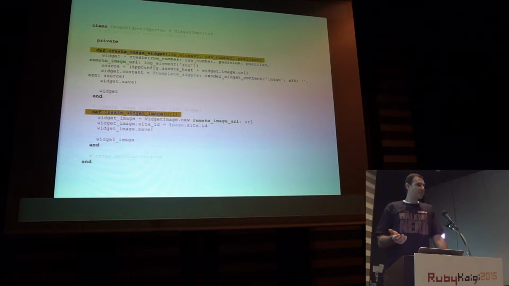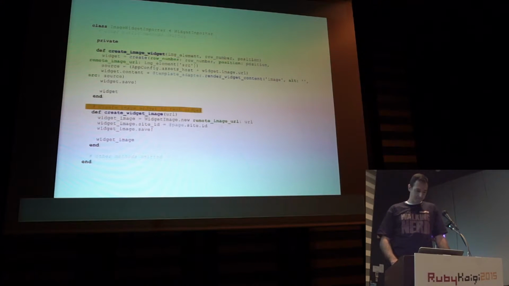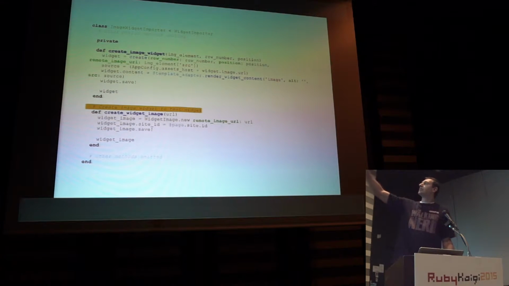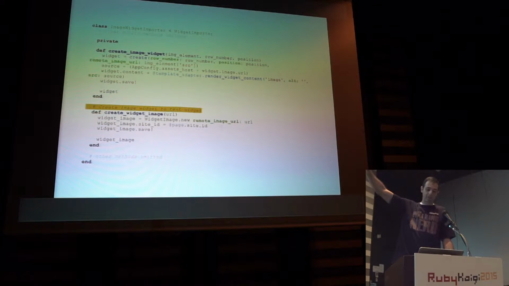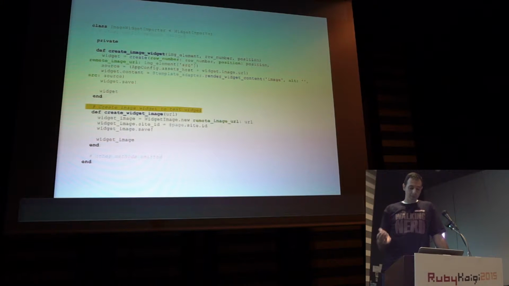Ruby does not support method overloading. But is this case method overloading? And can you see the comments in the yellow background? Take a look at the commentary above the create widget image method. The comment: create image widget to text widget.